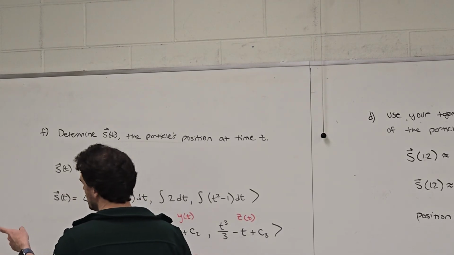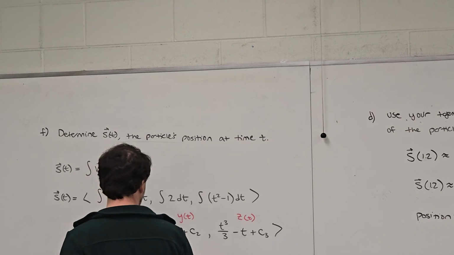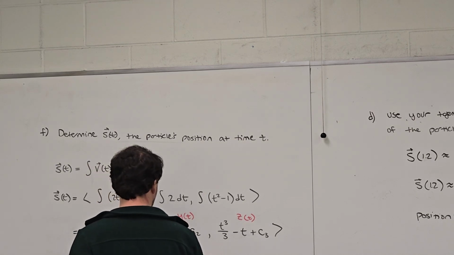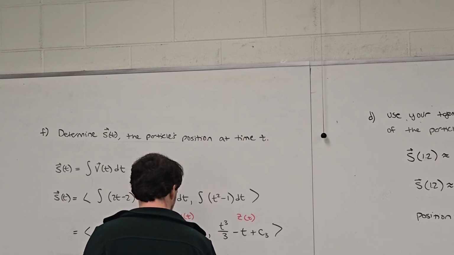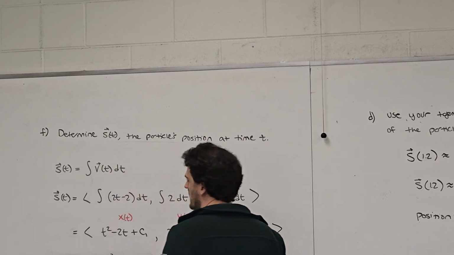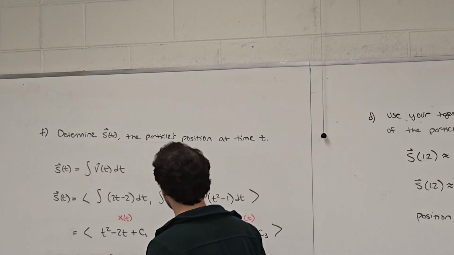When you plug 1 in for t into the y, you should get -1. And when you plug 1 into the z, you should get 2.